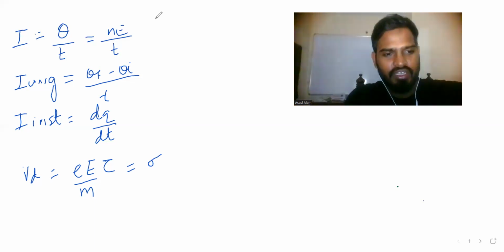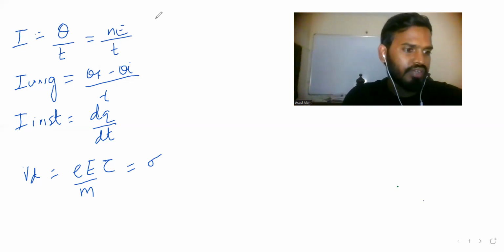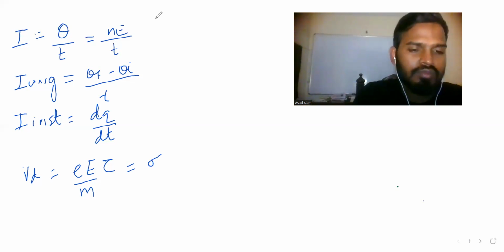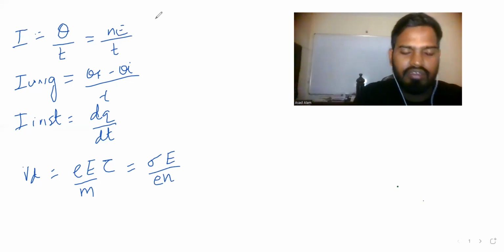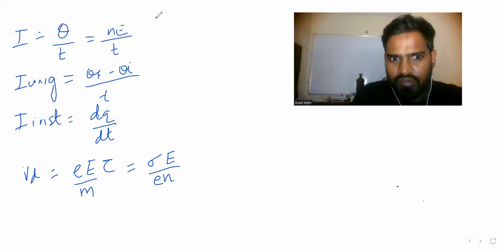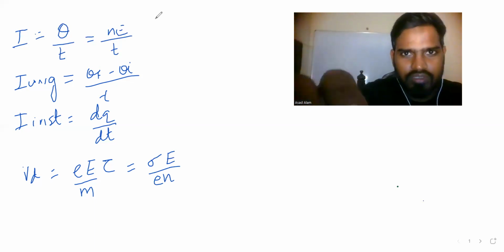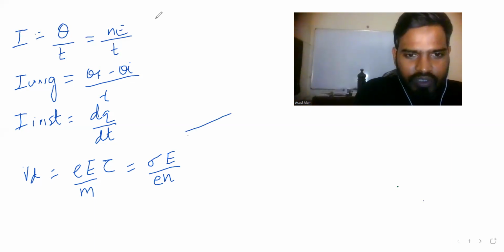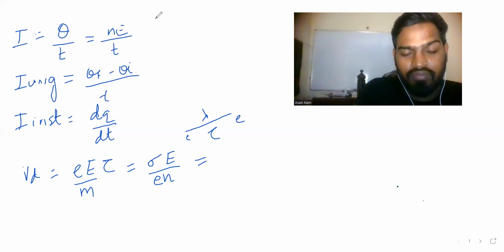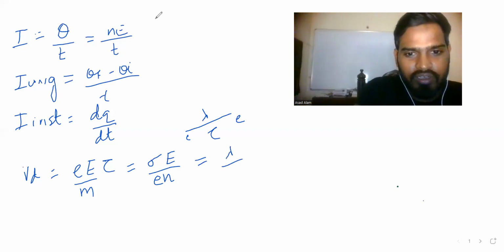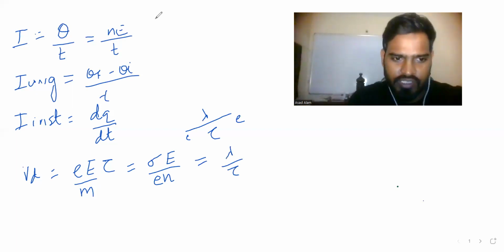That is what we had done. One more formula we had done of drift velocity, sigma E by En. Drift velocity can be written, suppose an electron is going from here to here. Path difference is lambda and time is tau. So drift velocity, we can say displacement by time. That also we can say.